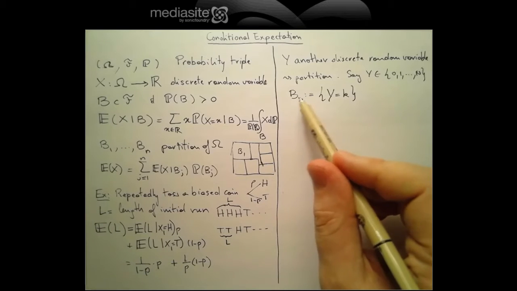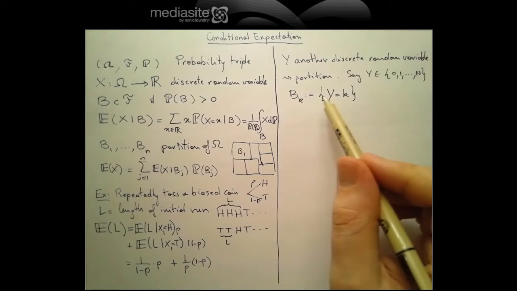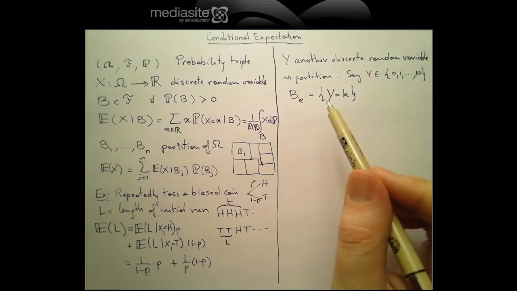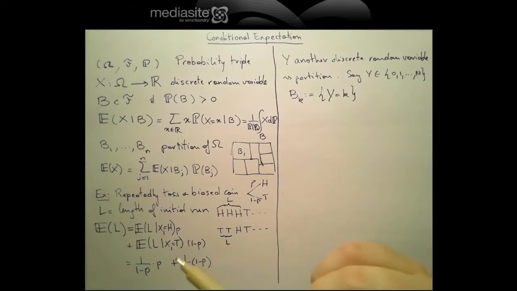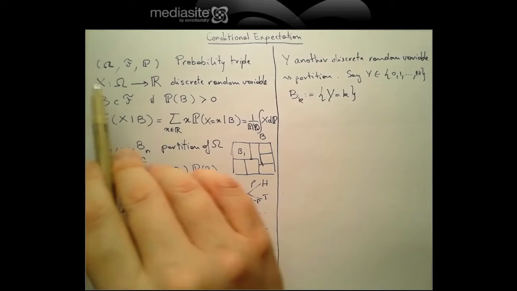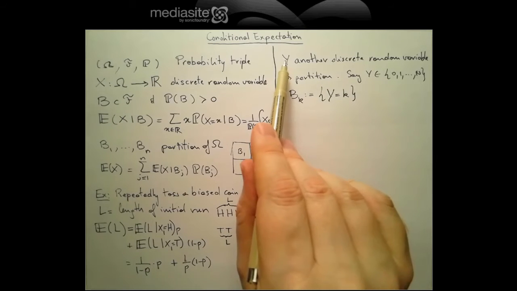And you cannot be in two tiles, right? Because Y is equal to k, it cannot be equal to something else on that tile.